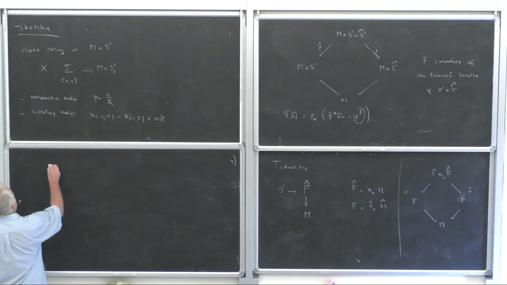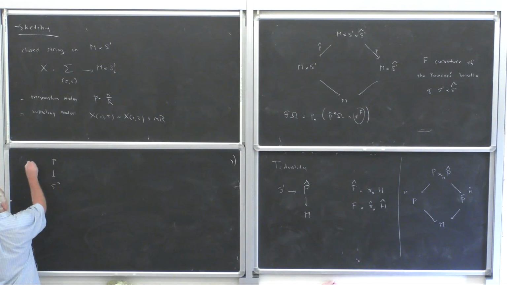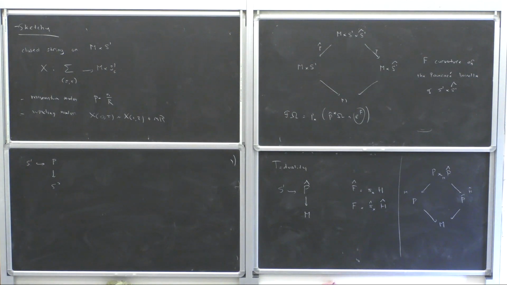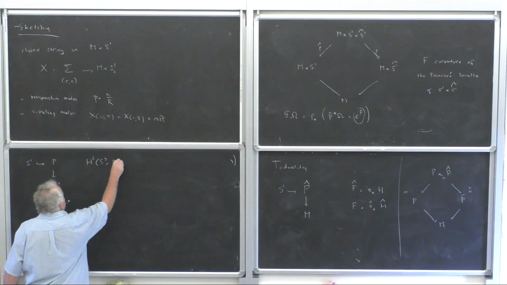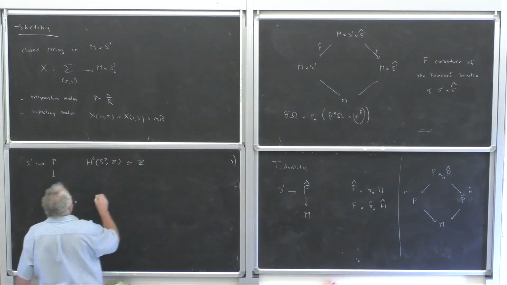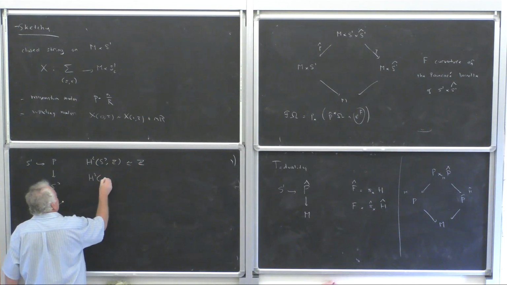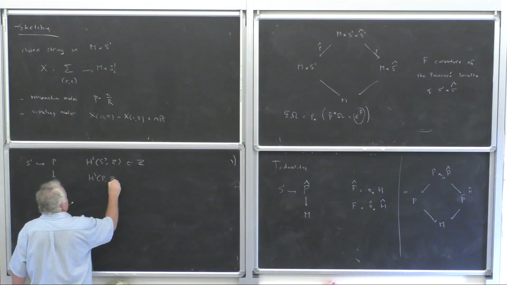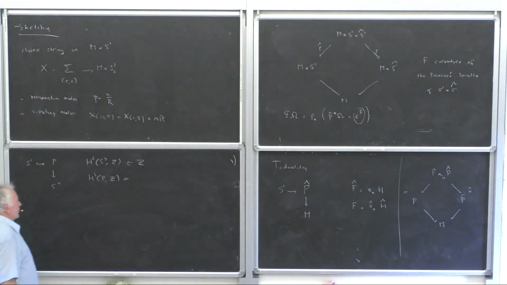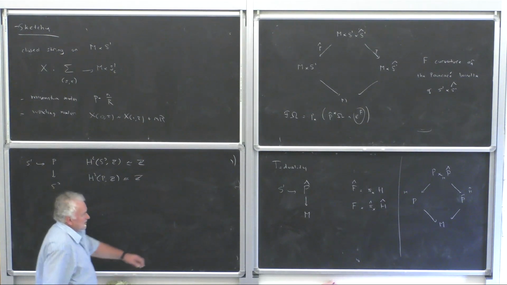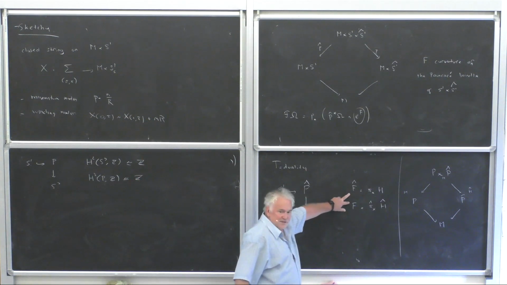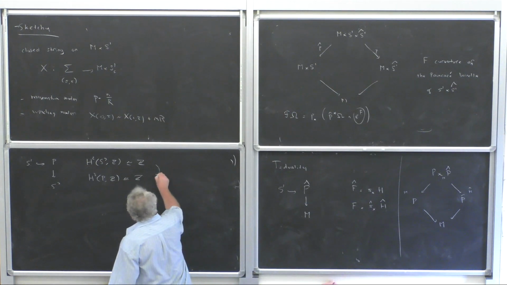But let's say if we work with circle bundles over S2, well, they're classified by H2(S2, Z), which is isomorphic to Z, while the H3 of P, well, if this is an oriented case, then it's also classified by Z. It turns out that these formulas just interchange these two integers.